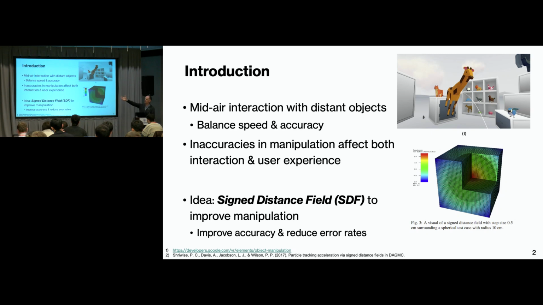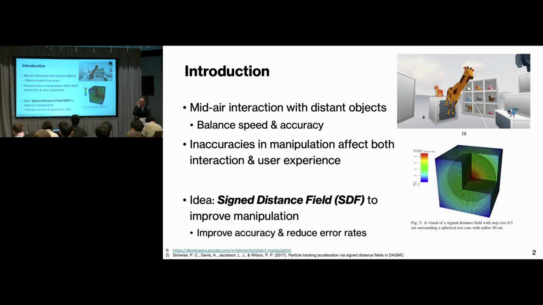Assume that I have some objects over there in the distance and I want to interact with them. The problem becomes that there's a speed-accuracy trade-off associated with that, because they're small or they're distant. And the tracking system has problems too.